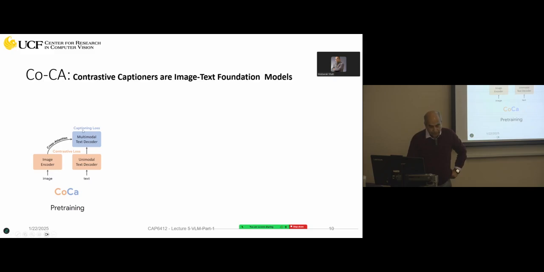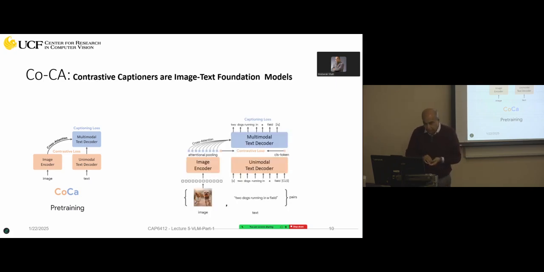But then we combine with the text decoder, and a caption will come out. If the pair is the same, we have the contrastive loss, which makes positive pairs come closer and negative pairs fall apart. That's one loss. The other loss is: given the image, what is the caption? It should predict the caption, which is a generative model, and we're combining these two.